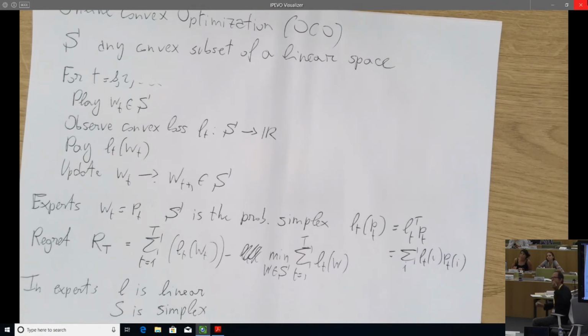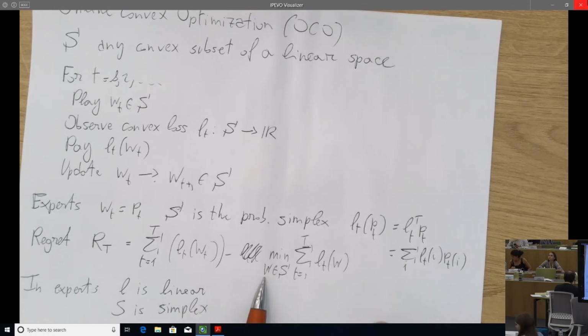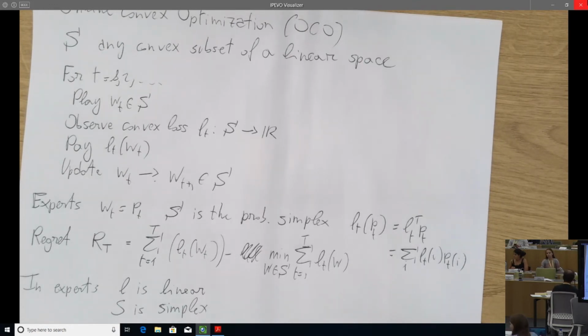If you want to compete against the best probability in the simplex against the linear loss, we are going to end up in a corner. So we actually compete with the best coordinate, which means the best action. So experts is again a special case of what we had before, because I'm minimizing a linear function over a simplex.